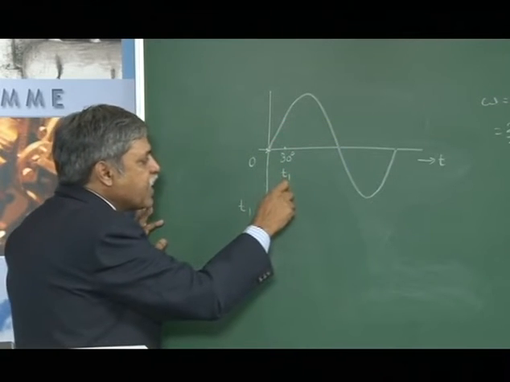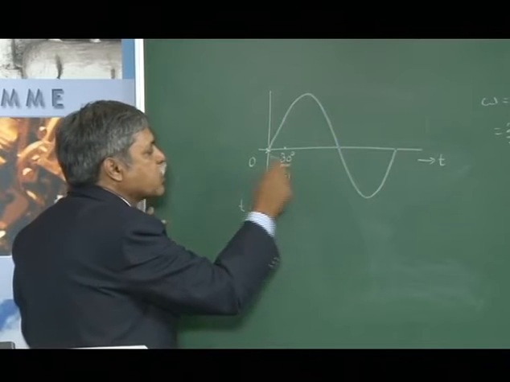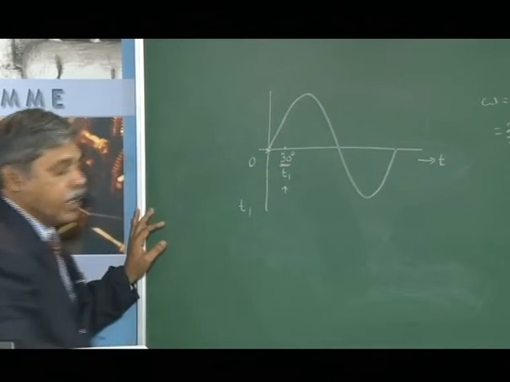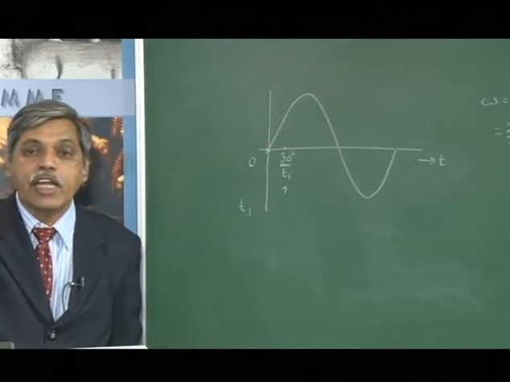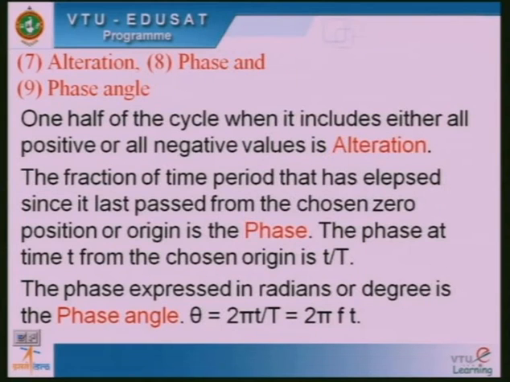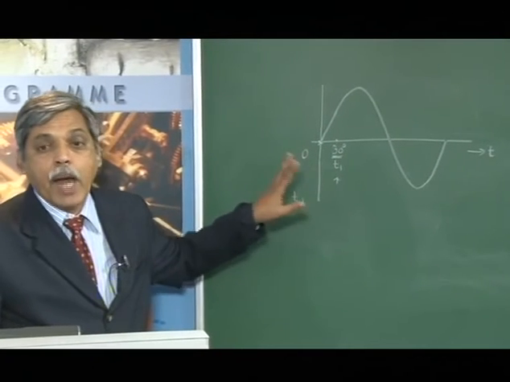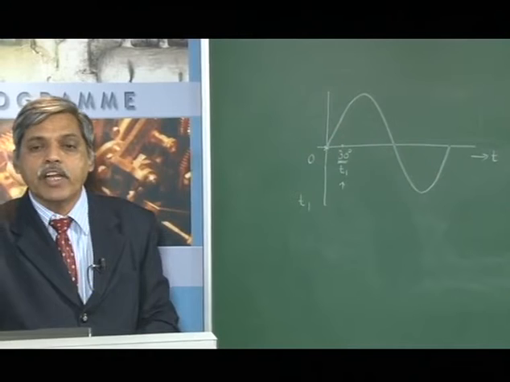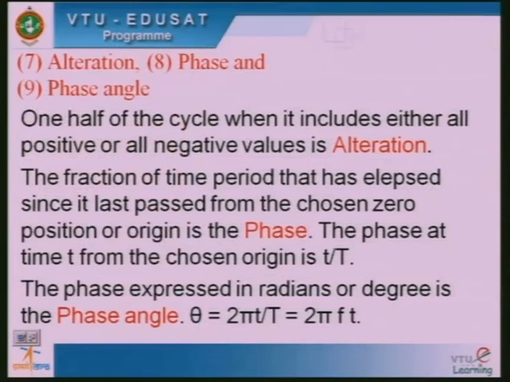So at t1 seconds, the 30 degrees you have, the position of the coil in the magnetic field, gives us the phase. So the phase at time t from a chosen origin will be t1 divided by capital T, that is a fraction of the period defined for the wave.